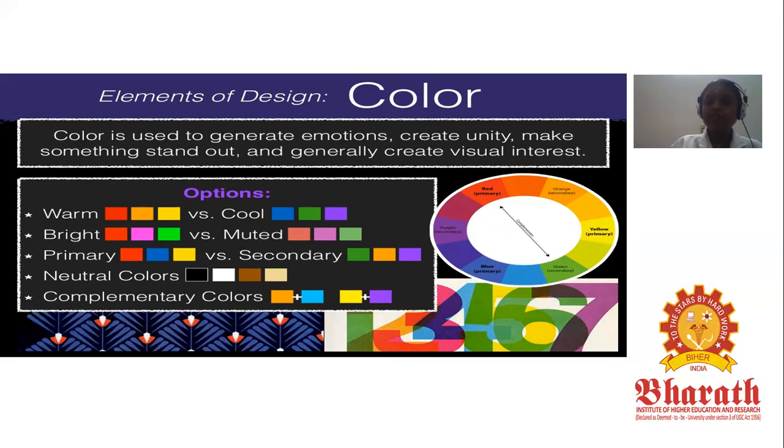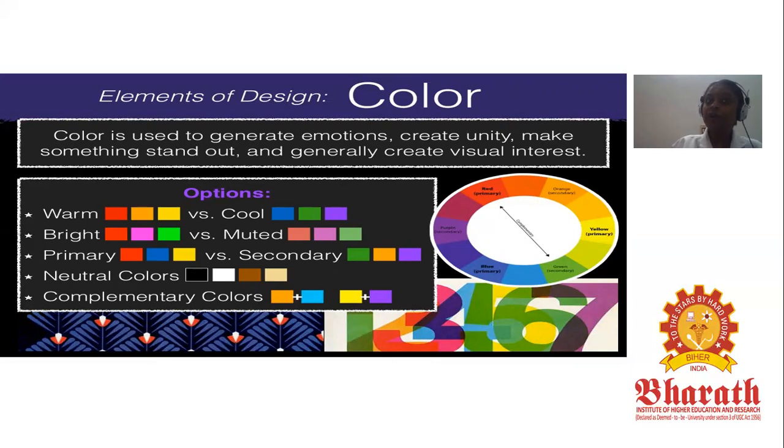Secondary colors: when you mix two primary colors, you get a secondary color. What are the secondary colors? Green, orange, and purple. The next one is tertiary color.